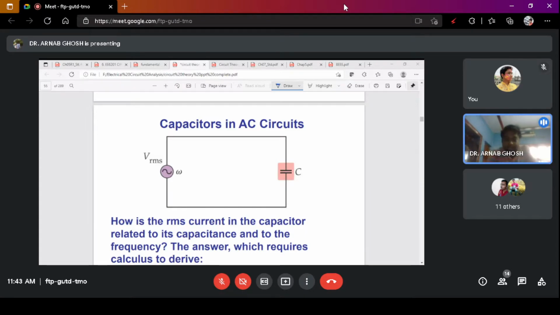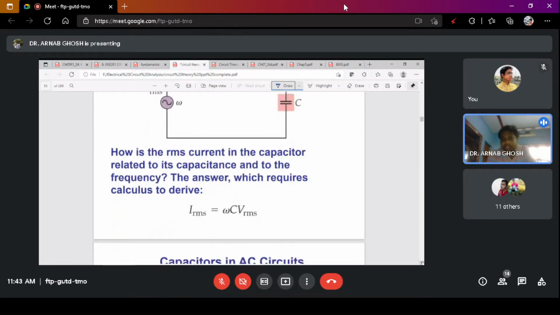When you are writing the RMS current in the capacitor, what should be your value?